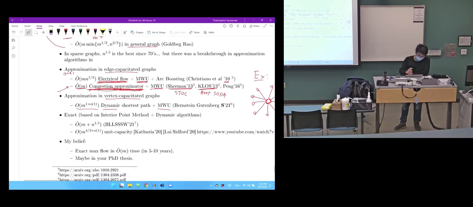So it looks like for approximation, things are kind of done. But in the exact case, a lot of things are still going on, and it is a very active area. The hope is that maybe in 5 or 10 years you can do it.